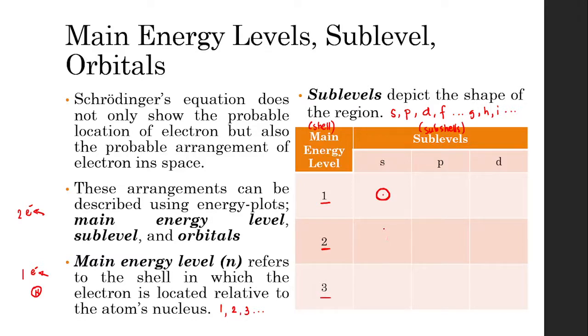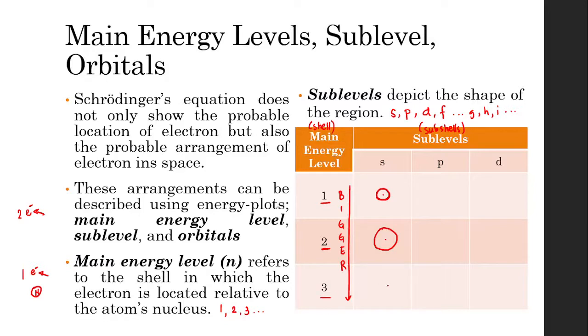As for the 2s sublevel, it is a little bigger than our 1s. The reason for that, remember, is that as our main energy level increases, the area usually gets bigger. What that means is that the electron is found farther and farther from the nucleus.